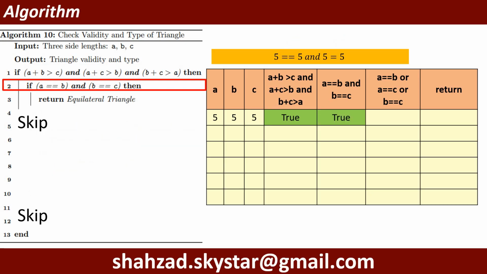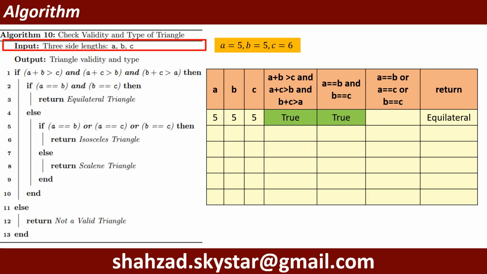In case of true, the else part will be skipped, that is from line number 4 onward. Then our control moves to the next statement inside the if statement, that is return equilateral triangle. It will display equilateral triangle, or this function returns the string equilateral triangle.